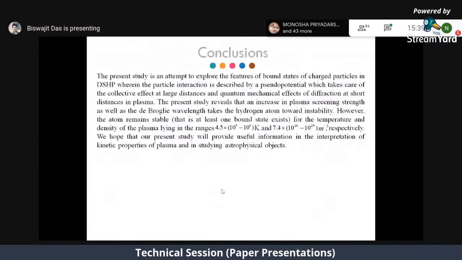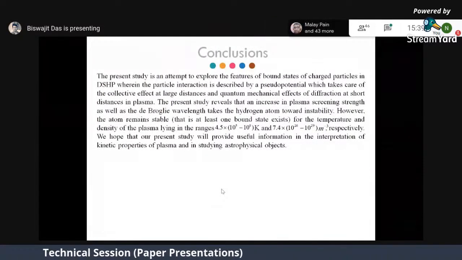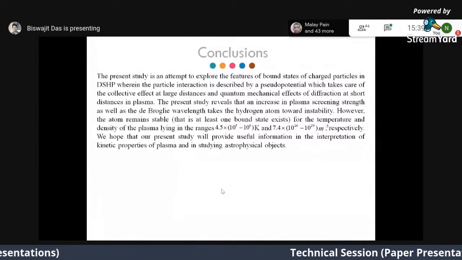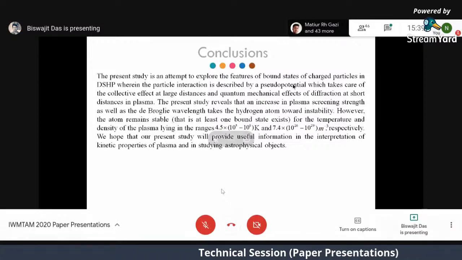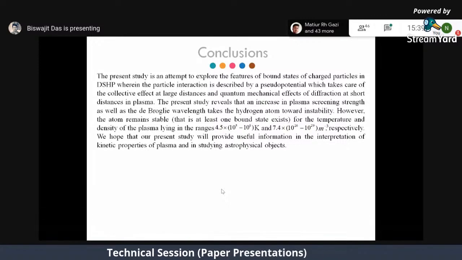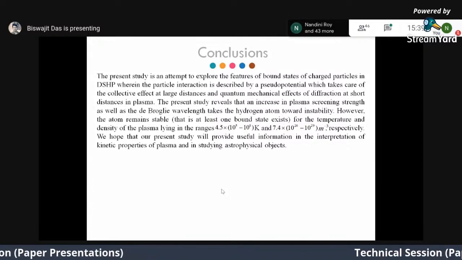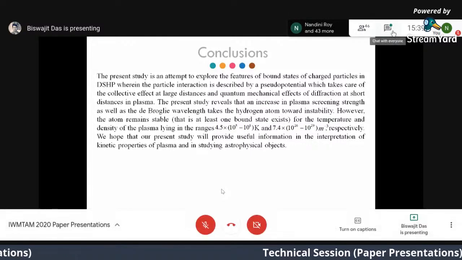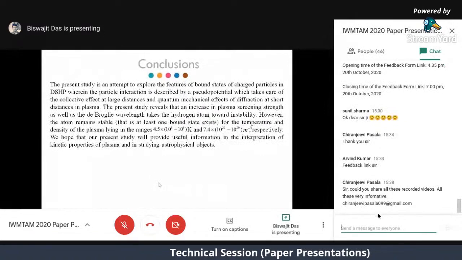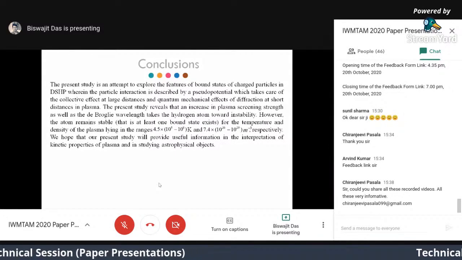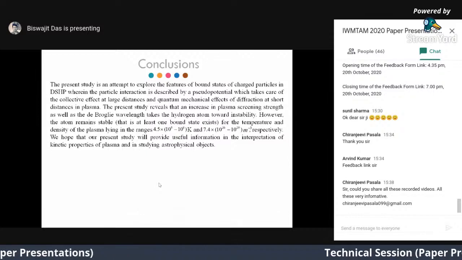Let me finish. The present study is an attempt to explore the features of the bound states of charged particles in dense semiclassical hydrogen plasma, wherein the particle interaction is described by the pseudo potential, which takes care of the collective effects at large distances and quantum mechanical effects of diffraction at short distances in plasma.